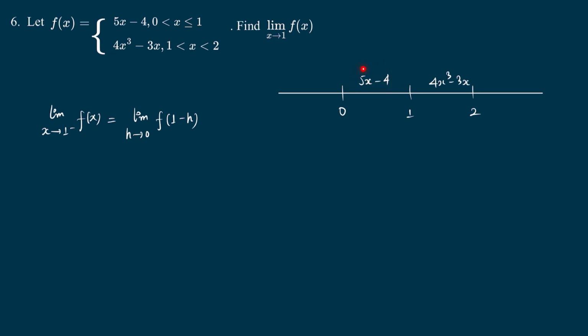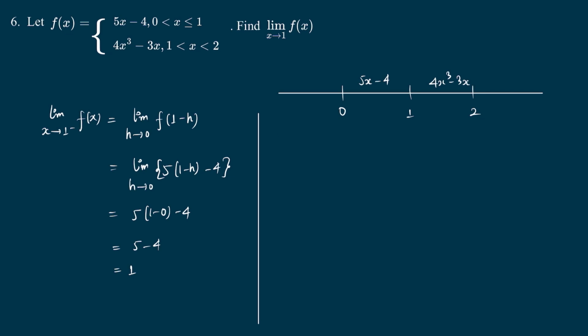In place of x I will write 1 minus h, so it will be limit h tends to 0 of 5(1 minus h) minus 4. Let us put h as 0, then we get 5 into 1 minus 0 minus 4, which equals 5 minus 4, and the left hand limit is 1.